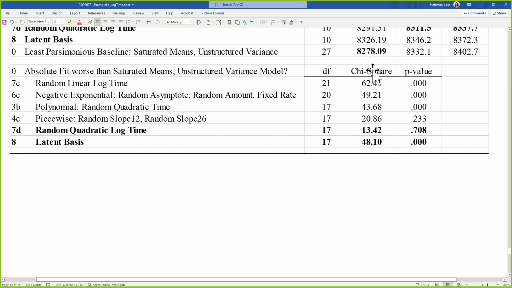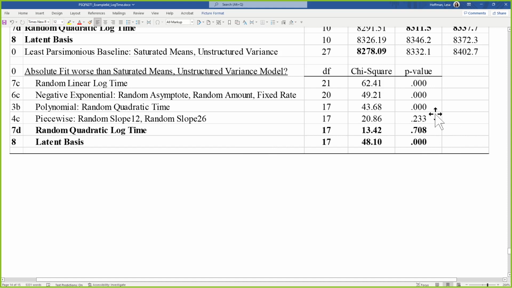This chi-square and p-value right here, this would be the SEM test of absolute fit relative to the H1 model. That's what this would mean, because it's testing both sides at the same time. And based on this, piecewise or random quadratic log time both look like they fit okay. Latent basis does not, and the others do not.